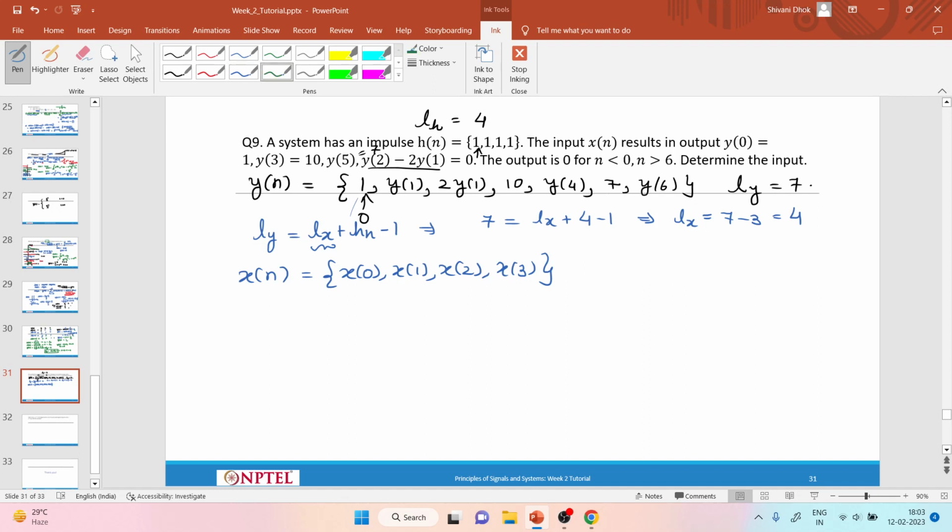So we know the relation, which is convolution. So y of n is equal to summation k equal to minus infinity to infinity x of k h of n minus k.